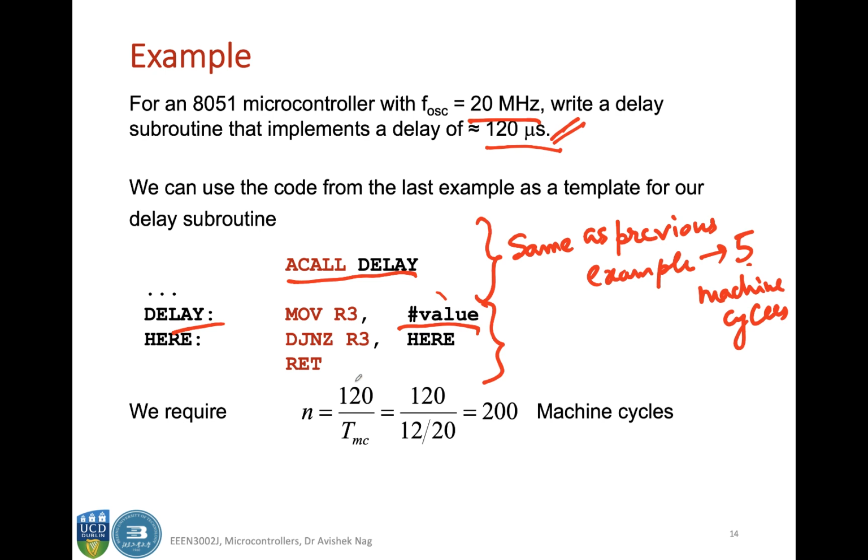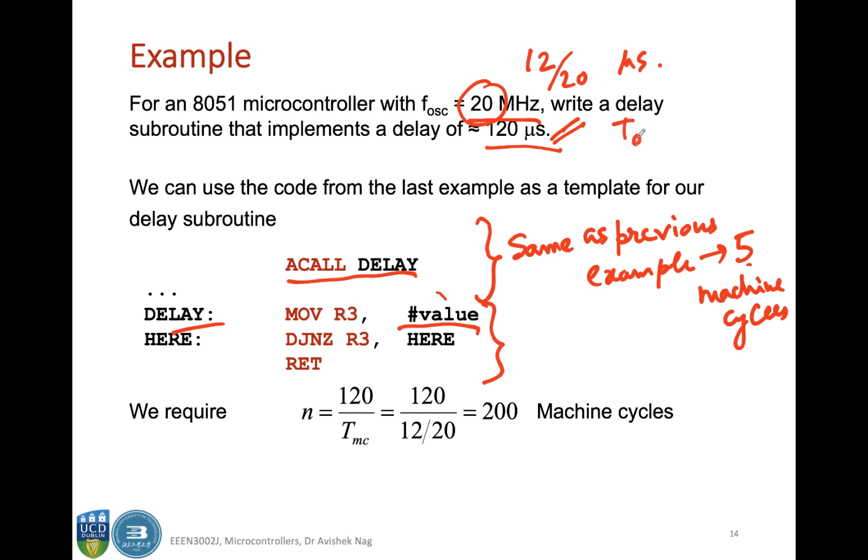How many machine cycles do you need to generate a delay of 120 microseconds? One machine cycle is 12 over 20 microsecond, because here you have the oscillator frequency as 20 megahertz.